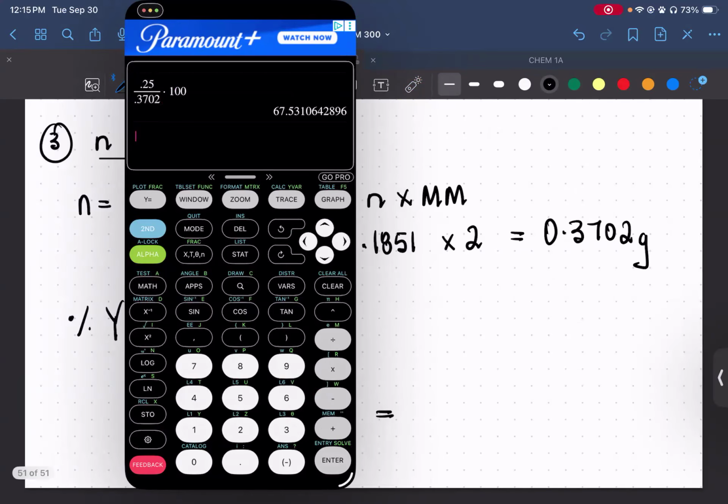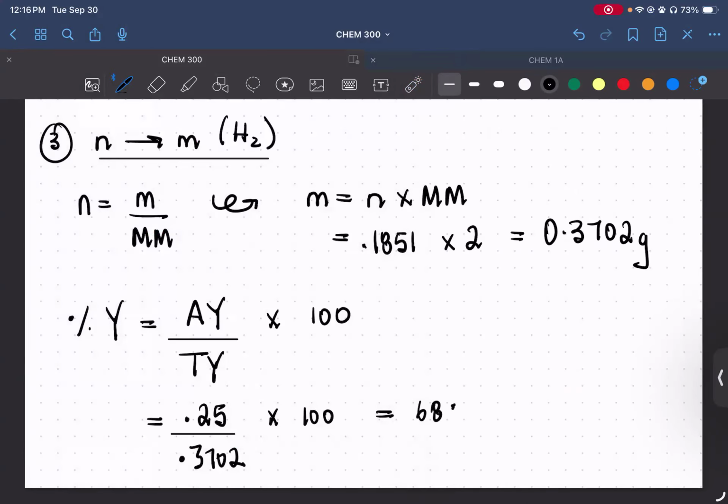We get approximately 68%. Remember that percentages are traditionally rounded to the nearest whole number. 68% is our percent yield. So if someone were to ask you, how successful was this reaction? You could simply say, it had a 68% yield.